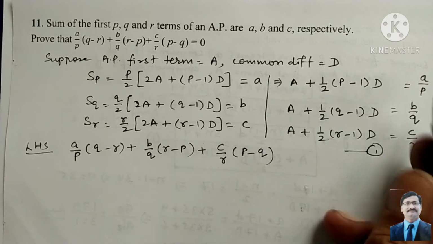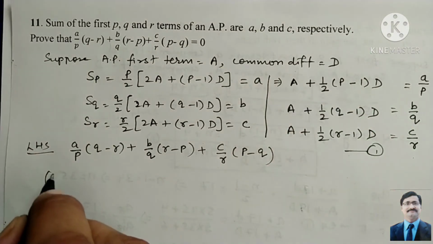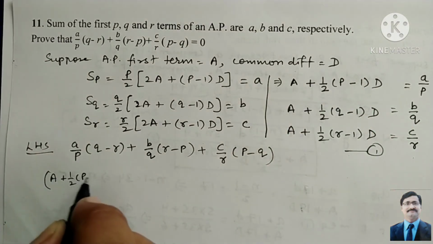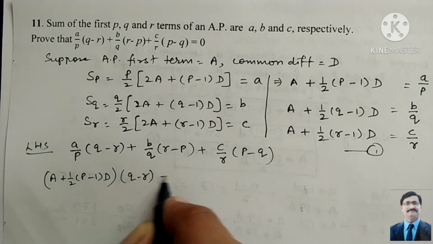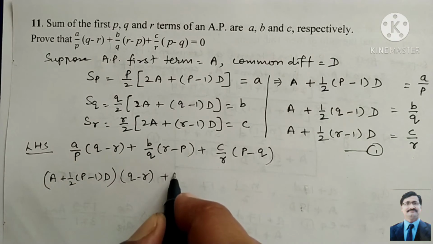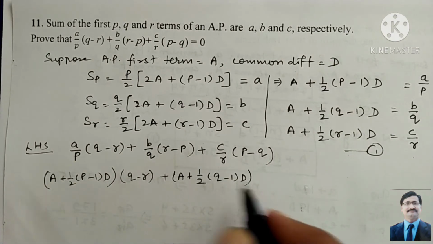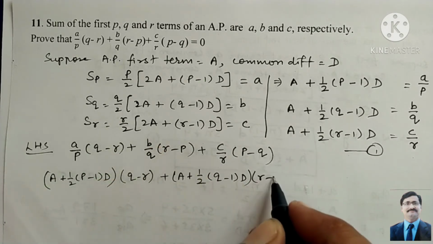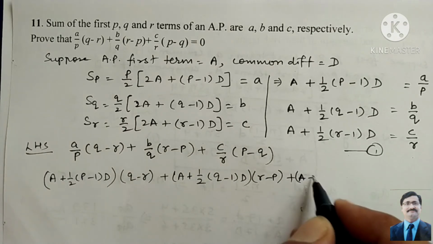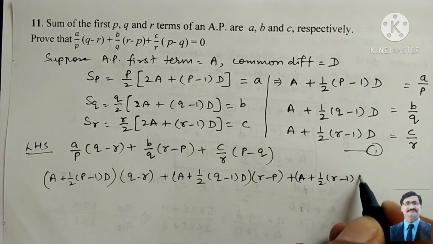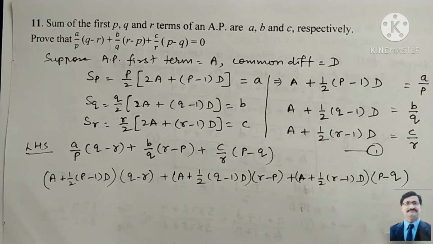Here we put all these values. In place of a/p, we can write capital A plus 1/2 (p minus 1)D, times (q minus r), plus in place of b/q we can write capital A plus 1/2 (q minus 1)D, times (r minus p), and in place of c/r we can put capital A plus 1/2 (r minus 1)D, times (p minus q).